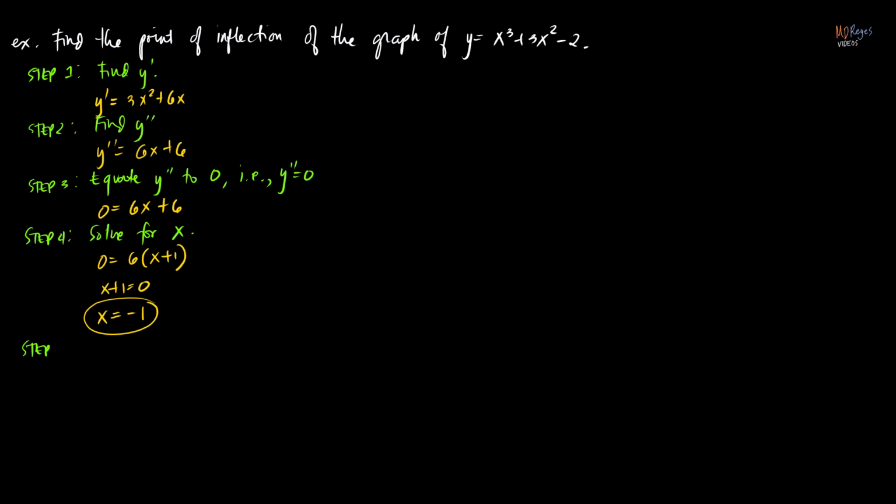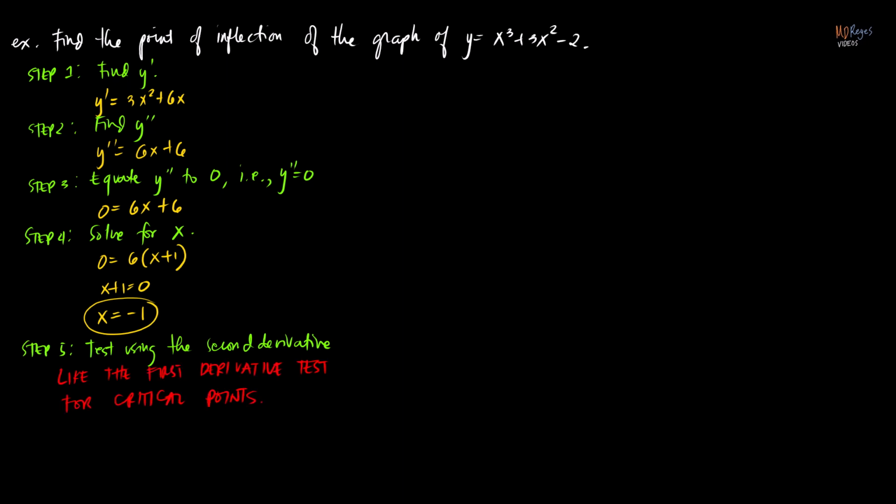So step 5 is to test using the second derivative. The second derivative test for a point of inflection is just like the first derivative test for critical points. The only difference is we are using the second derivative of the function. So we have to look at the changes in signs of the second derivative.